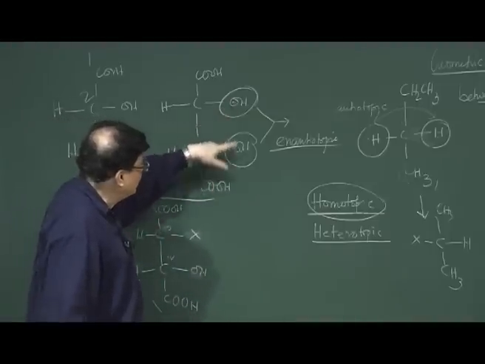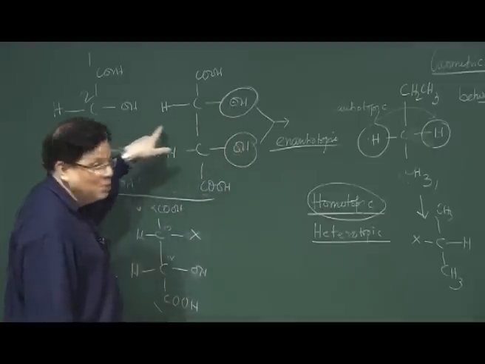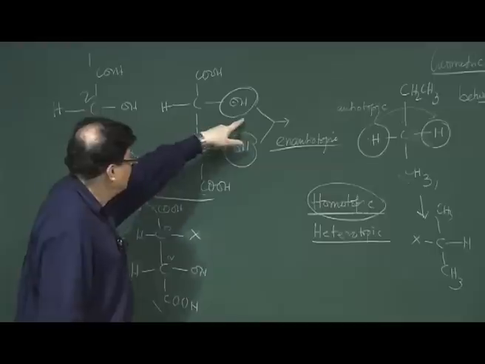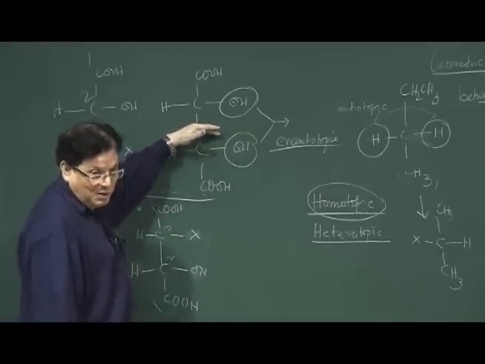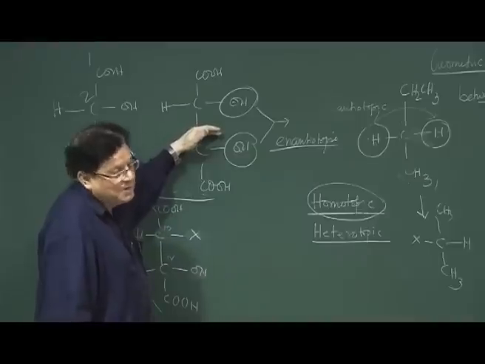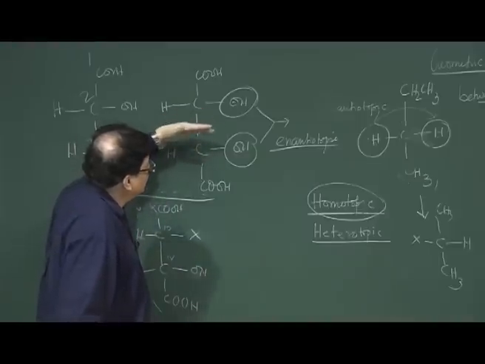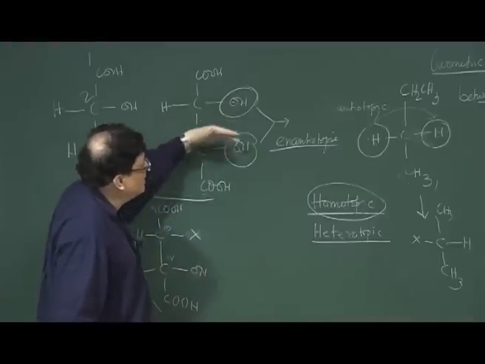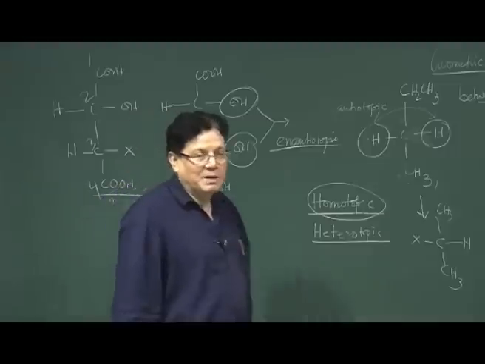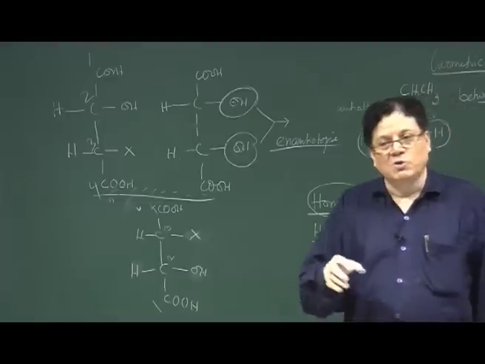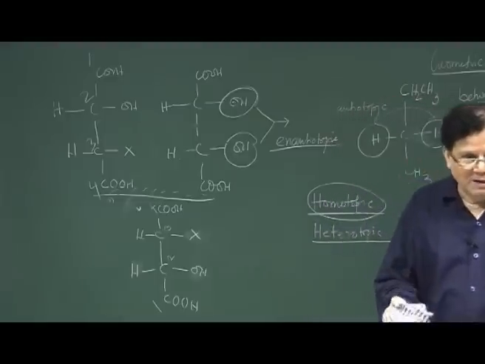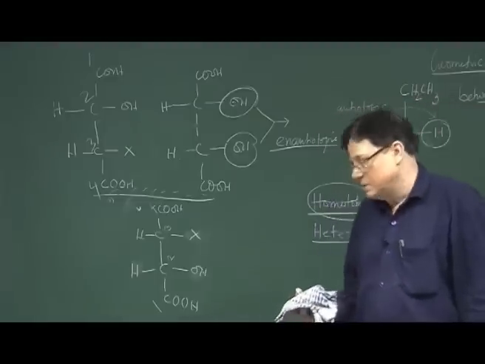Now these OHs are on the same side, so C2 is gone, but what is there now is a plane of symmetry. Those are called improper elements of symmetry. So when improper elements of symmetry are present, the ligands become enantiotopic. Okay, improper elements of symmetry means it could be i, it could be sigma, or it could be S.